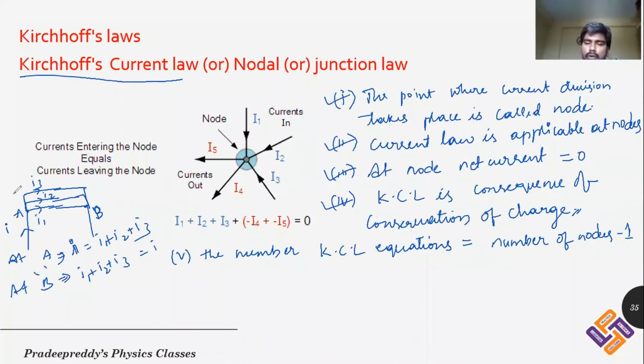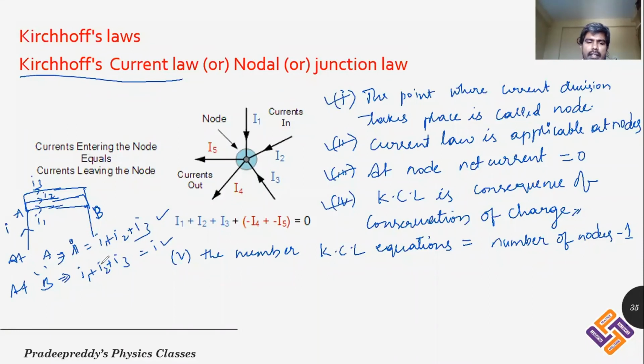Therefore, how many nodes are there in the circuit? A is one node, B is one node. There are 2 nodes. But how many equations are you getting? You can apply KCL at A, you will get the first equation. KCL at B, you will get the second equation. But both are identical.